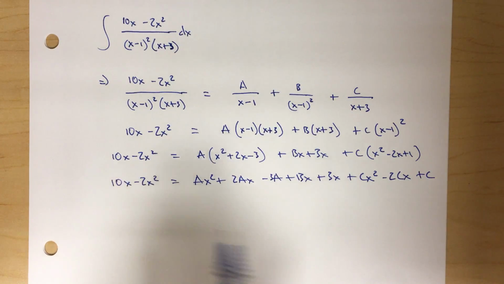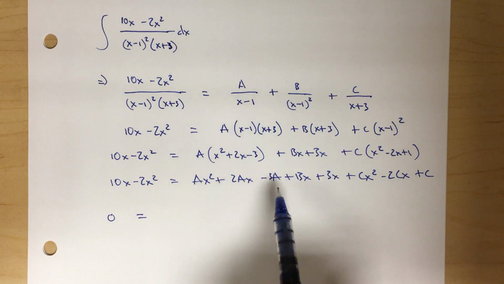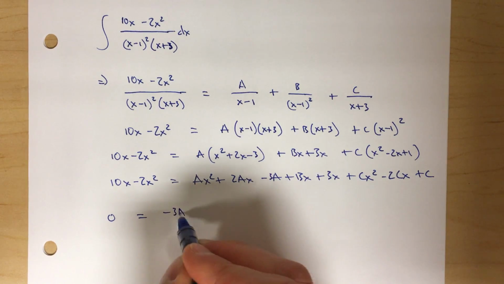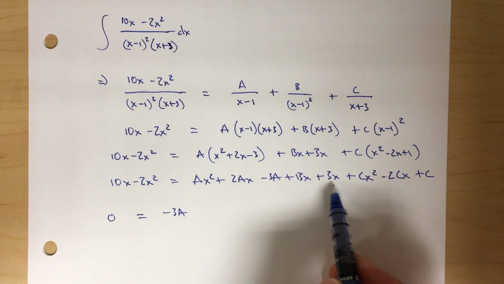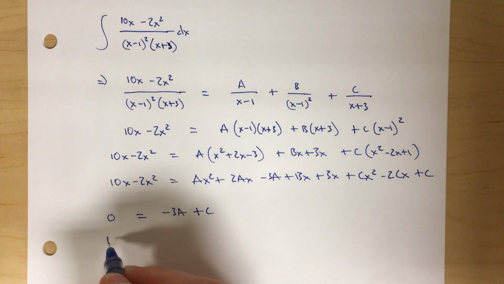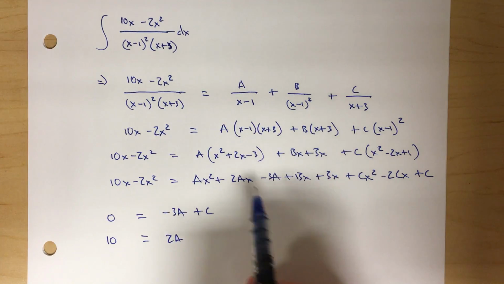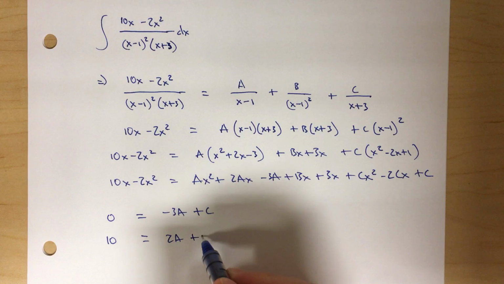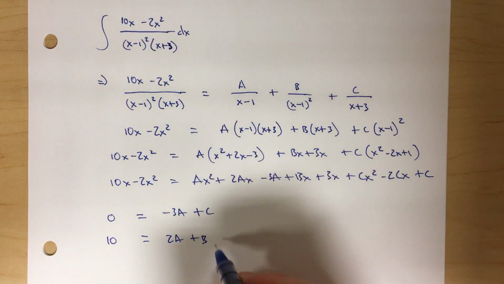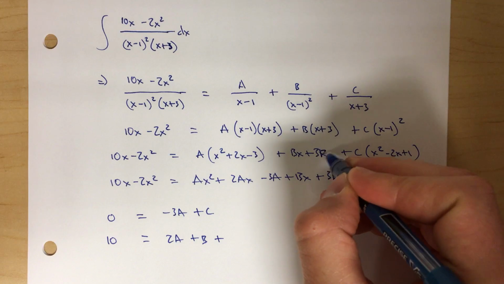So I need 0 to equal my constants. That's negative 3a plus c. I need 10 to equal my x terms. That's 2a plus, oh shoot, this should be 3b.